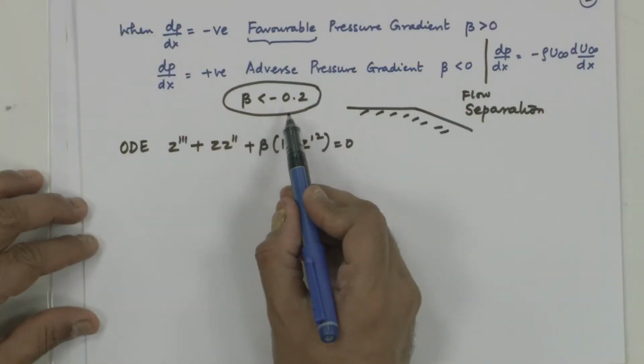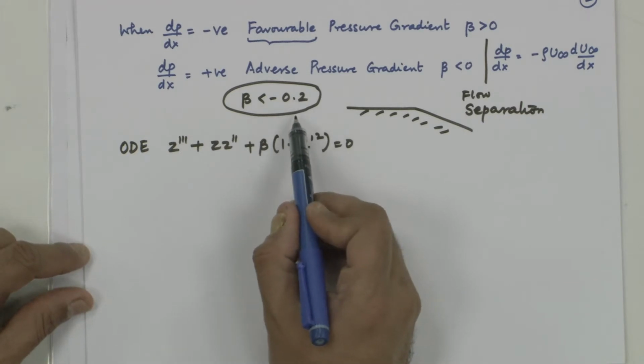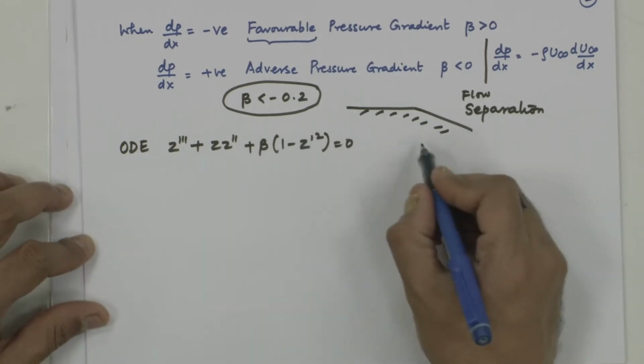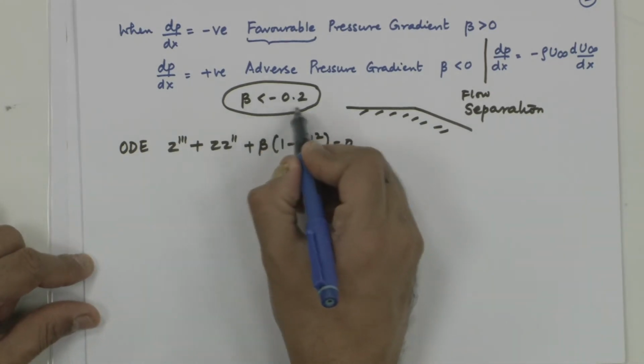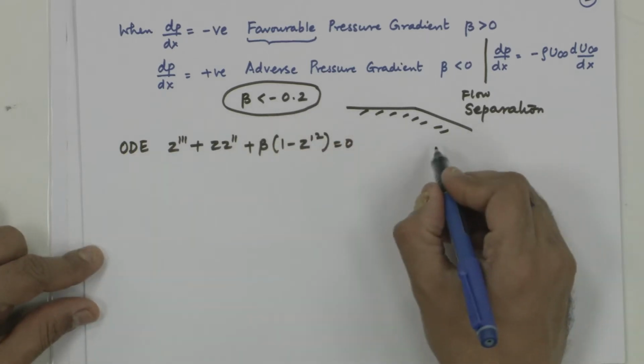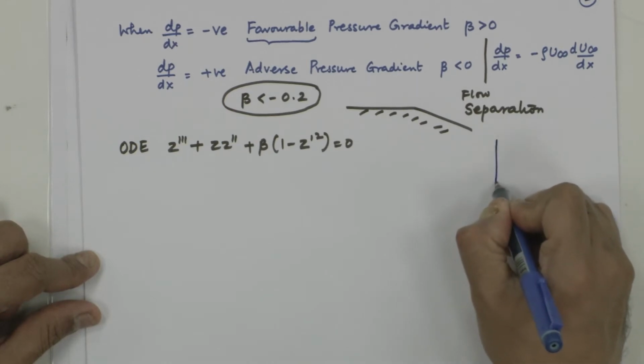So, I keep on making beta minus 0.05, minus 0.1, minus 0.15, all of this going on making it more negative. When beta is equal to minus 0.2, you get flow separation. What is flow separation?